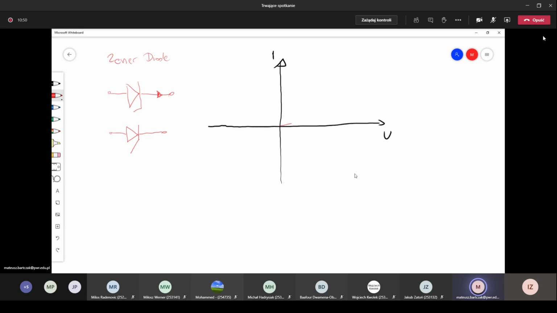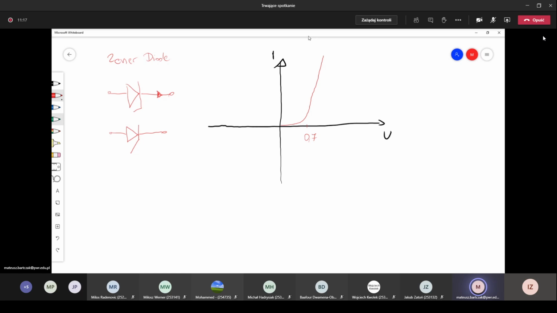It looks like that. And here we will have around 0.7 volts. So it will behave like a normal rectifier diode.